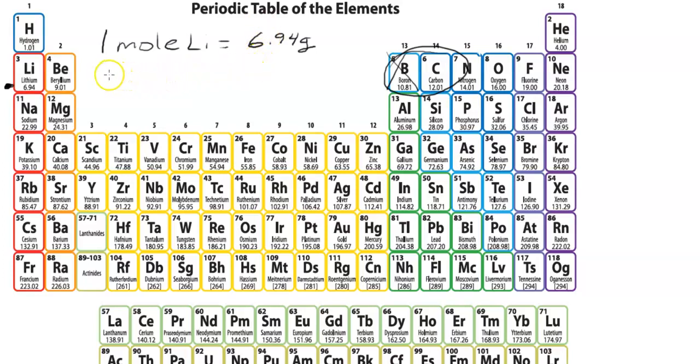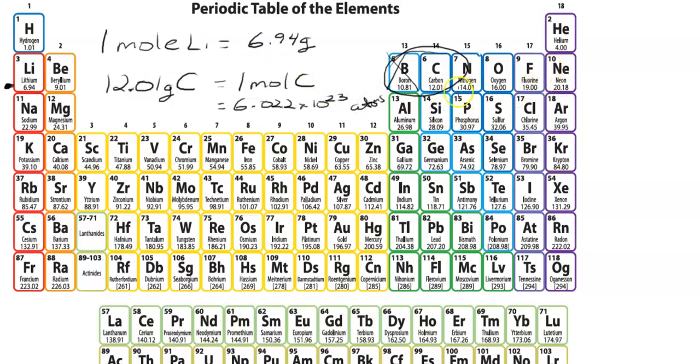So if you weighed out 12.01 grams of those charcoal sketch tools on a balance or a scale, you would have a mole of carbon, which means that you would have 6.022 times 10 to the 23rd atoms of carbon.